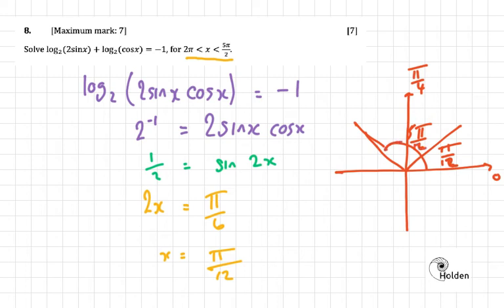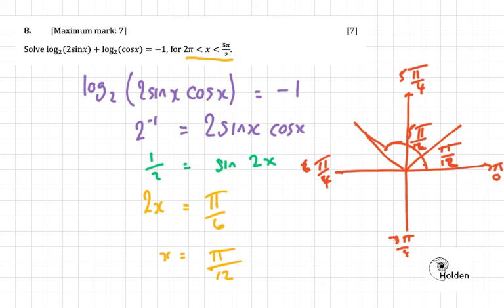These are the two solutions that we could have, because it's happening twice within each period. So we end up with 2 pi by 4, 3 pi by 4, 4 pi by 4, 5 pi by 4, 6 pi by 4, 7 pi by 4, 8 pi by 4, etc.